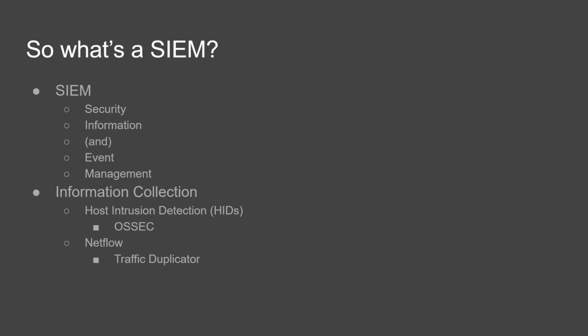But again, it's a lot of data and you need to be able to handle it. It's a traffic duplicator. So you take a port on your switch or router and you just mirror it. Everything that goes in that port also goes out of another port, and that port goes straight to your SIEM so that you can start analyzing it.